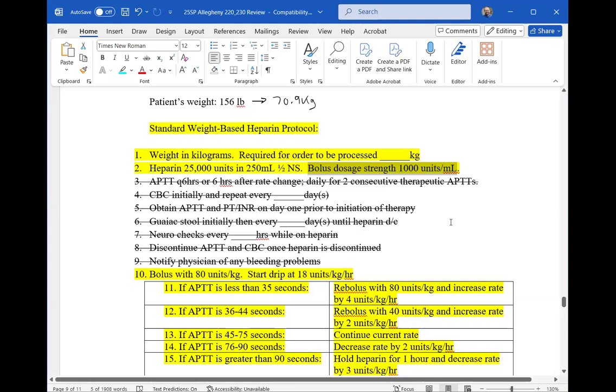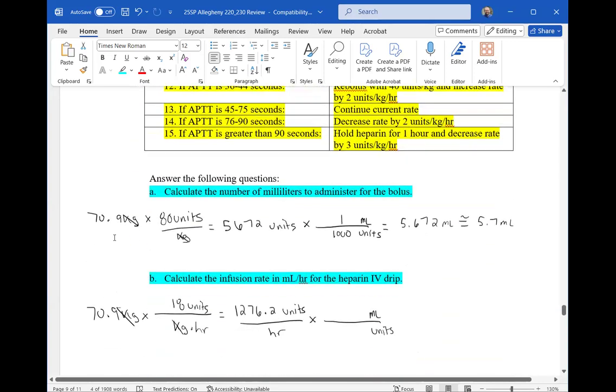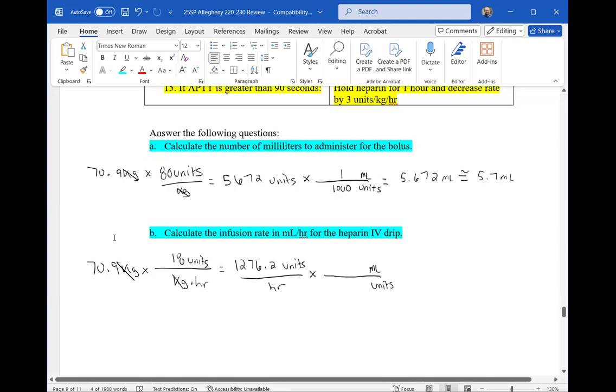If I'm calculating the bolus dose, I use the bolus dose strength. If I'm calculating the infusion rate, I'm going to use what is in my IV bag. The bolus dose is not the IV. The heparin, 25,000 units and 250 milliliter half normal saline, is your IV. So those are the two numbers you're going to use: 25,000 units, 250 ml. Coming back to this, I'm going to plug those numbers in, cross out units before I do anything else.